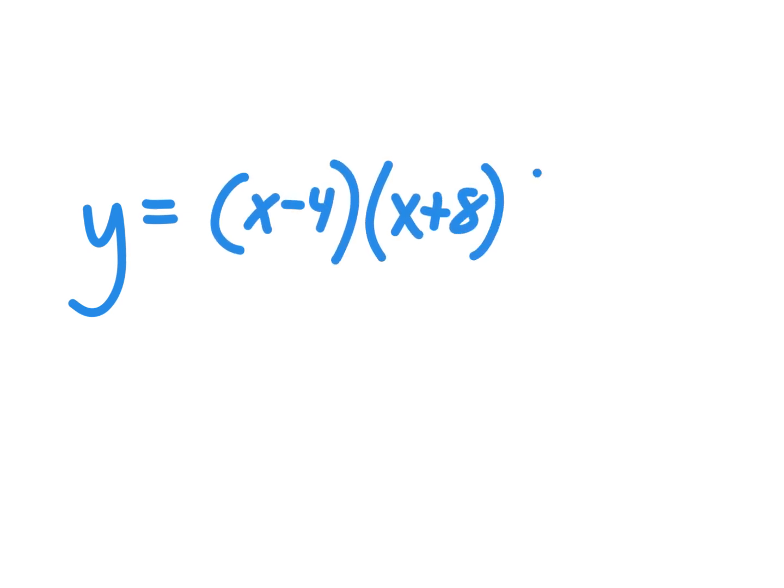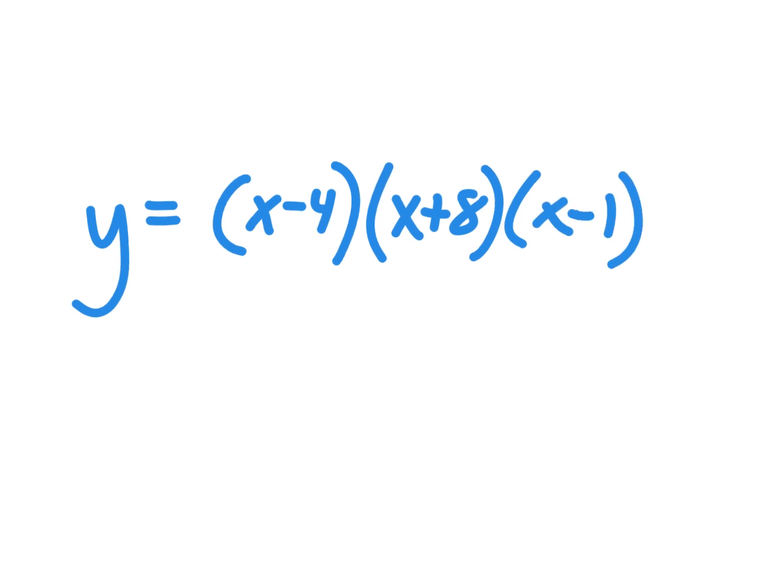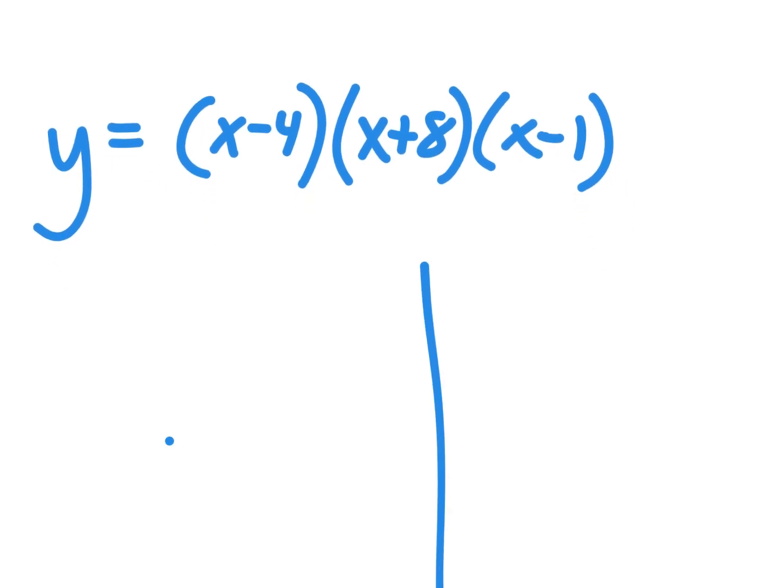Ready? Y equals (x minus 4)(x plus 8)(x minus 1). If you were going to graph it, I said always find the lead term first. Do it. Find the lead term. Oh, wait, important.